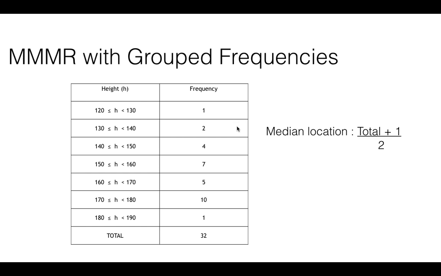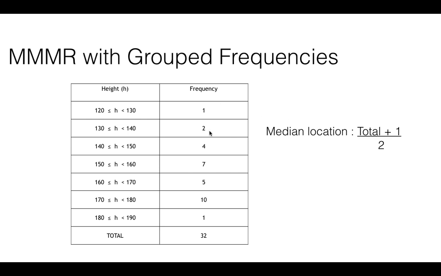So I'd go through, and here it's actually more useful to have a cumulative frequency table. You can add the cumulative frequency column on the end here. If you're not sure how to do that, that's something that we will go through in the next lesson. Okay, so this is when cumulative frequency tables are really useful. But we're trying to find position 16.5. So let's count how many students I've got.